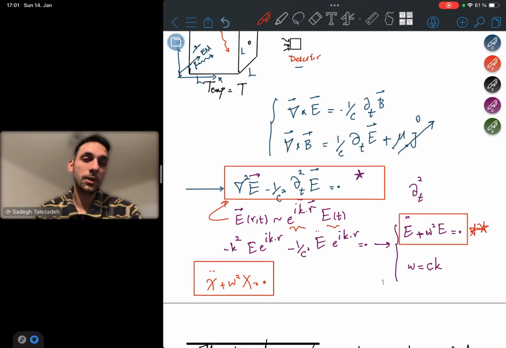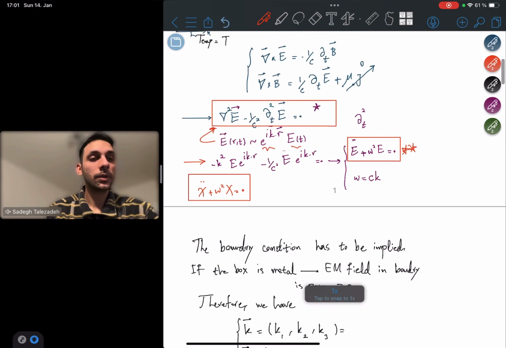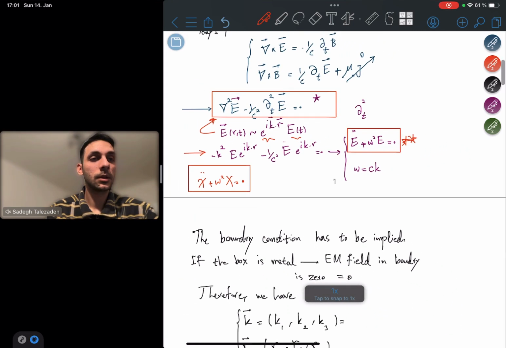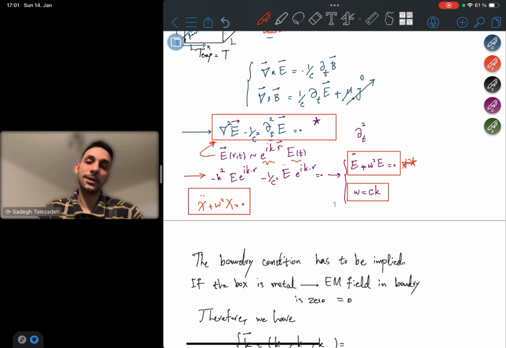And we know that omega is equal to ck, where c is the velocity of propagation of light in this box, known as the speed of light.